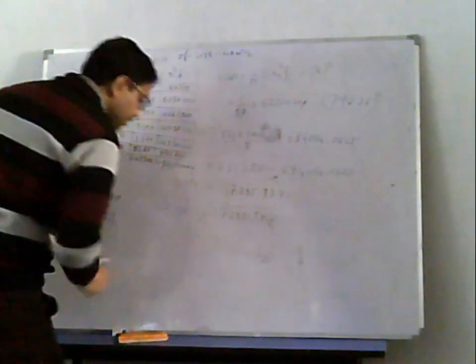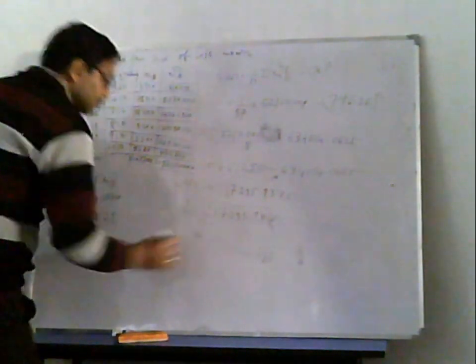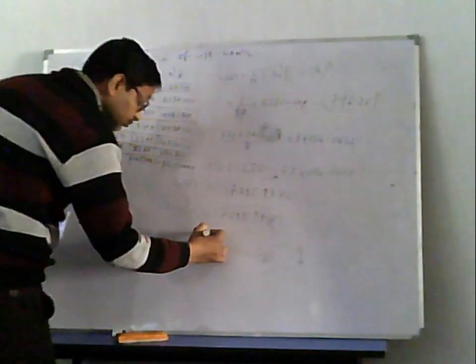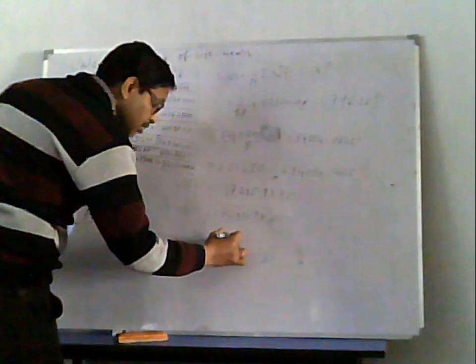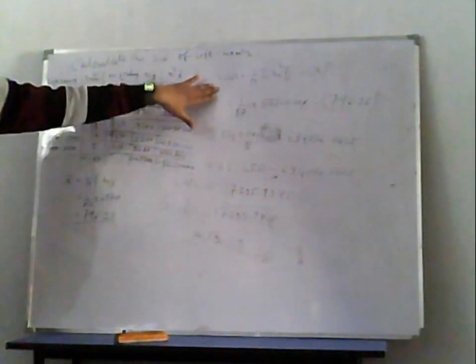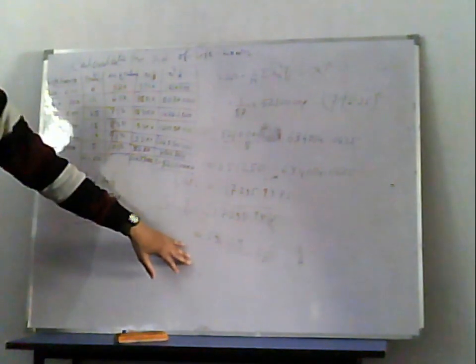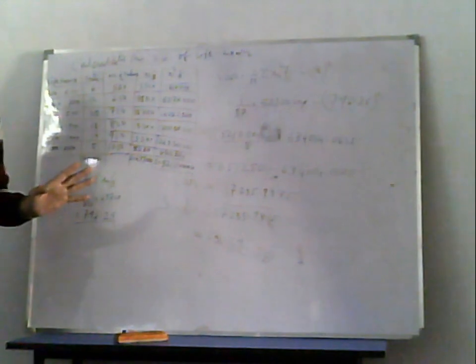What will be the result? 131.29. So in this way we can calculate the variance as well as the standard deviation. Okay? Clear? Yes.